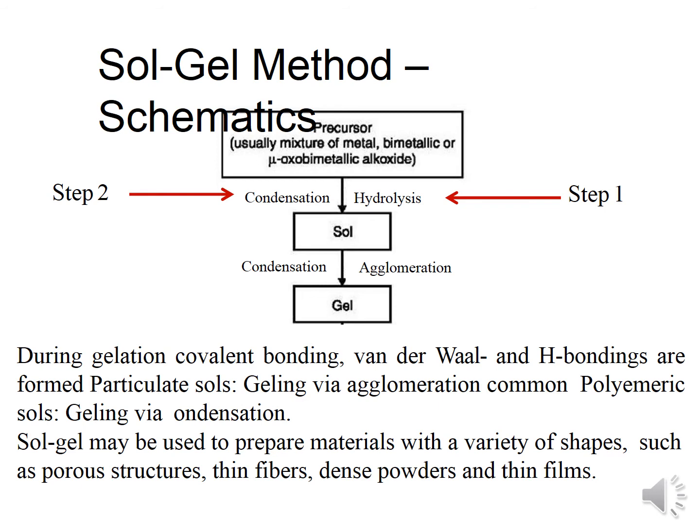Upon condensation and agglomeration, the sol is converted into a gel. During gelation, covalent bonding, van der Waals and hydrogen bonding are formed between particulates. Gelling via agglomeration is common for polymeric sols. Gelling via condensation. Sol-gel may be used to prepare materials with a variety of shapes such as porous structures, thin fibers, dense powder and thin film.